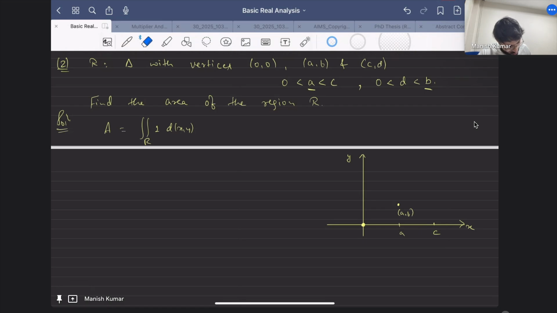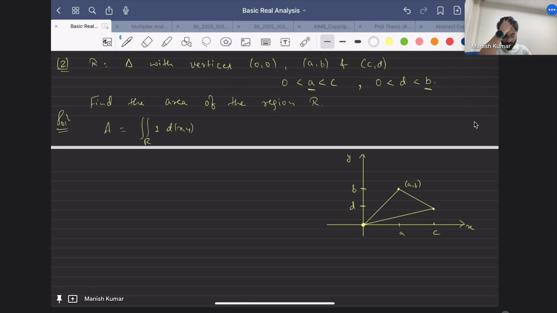So maybe let me put it a bit in the upward direction. Here you have b, and d has to be less than b. So let's say d is somewhere here. So this is (c, d). So the triangle looks like this. This is how it goes.